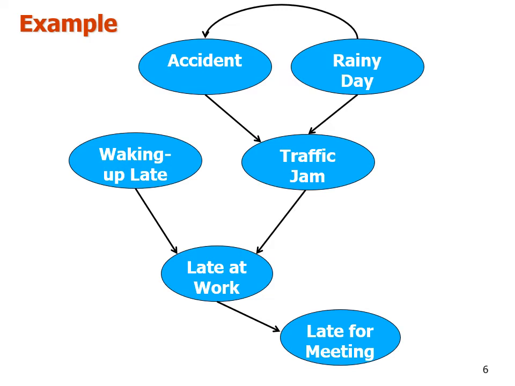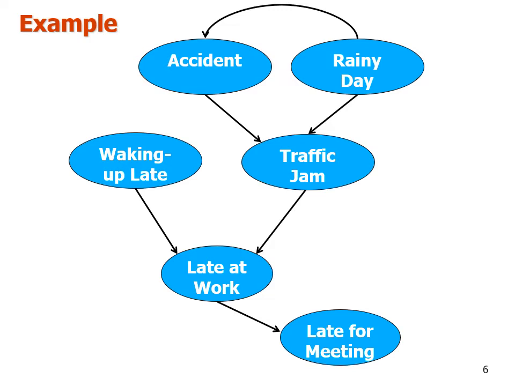We can say that late for work is influenced by whether you have woken up late. But you are late at work directly influences whether you are late for the meeting, and therefore we can say that if you wake up late, that affects whether you are late for the meeting.